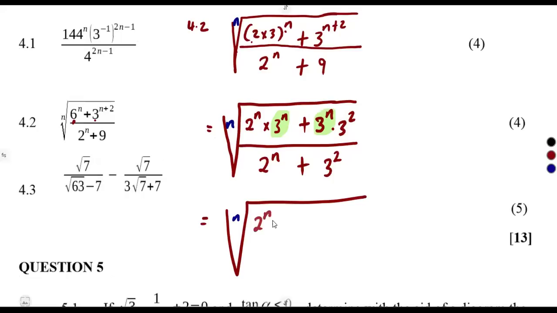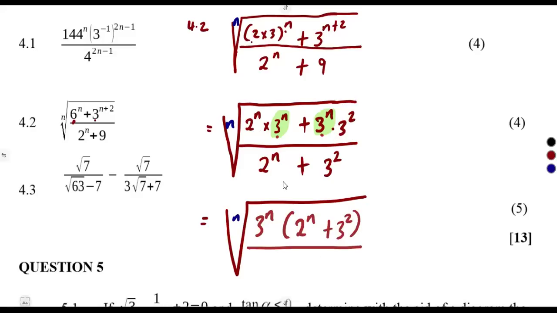What do you remain with if you remove this one? 2 to the exponent of what? Guys, I want to remove this 3 to the exponent of n. So what are we going to remain with? This one, 2 to the exponent of n. What about this side? With a positive, so that's plus 3 to the exponent of 2. We are going to remain with this.